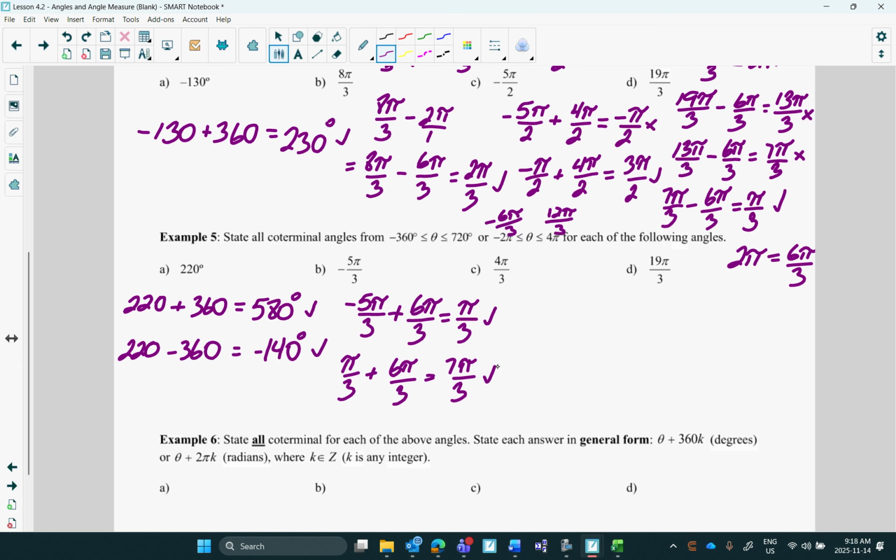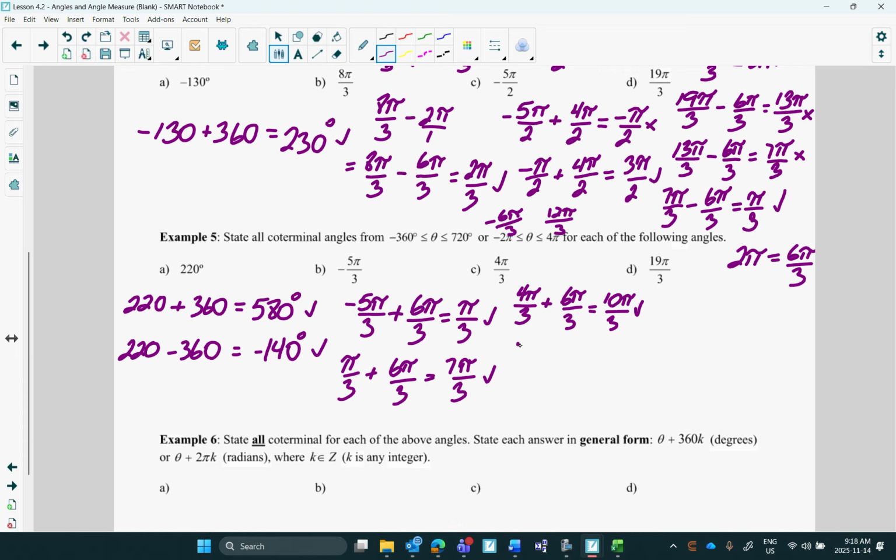Four pi over 3. Is that inside here? If I added a revolution, 6 pi over 3, would I still be in here? Yes. If I added another 6 pi over 3 to this, I would get outside. So don't even bother adding anymore.